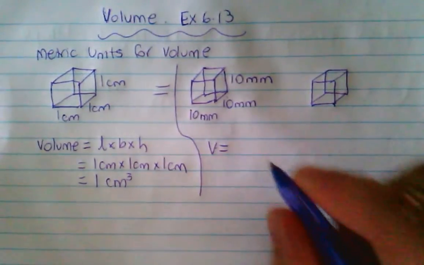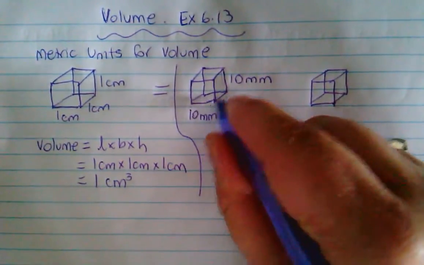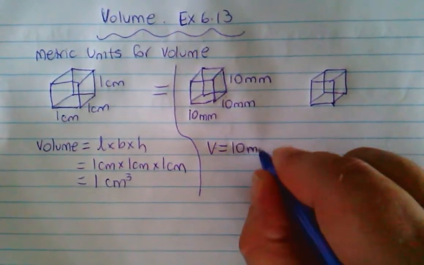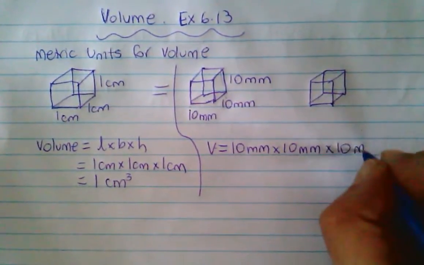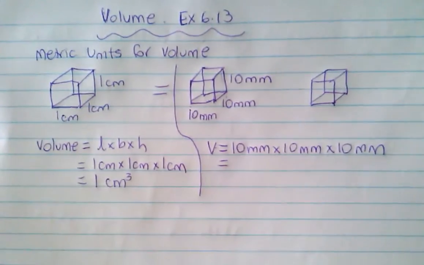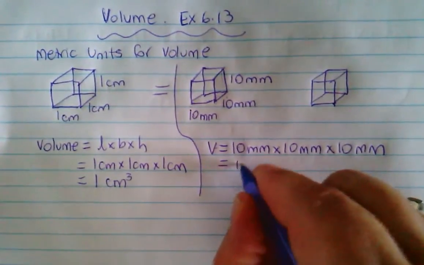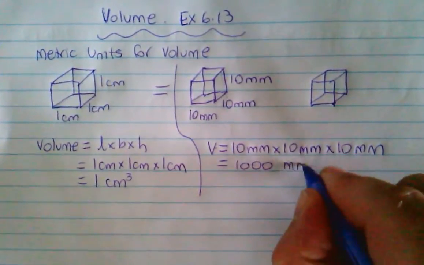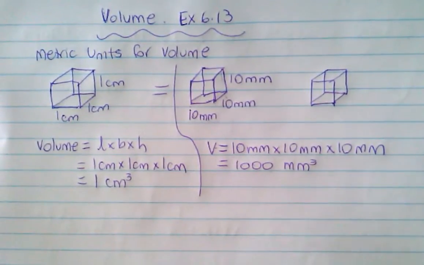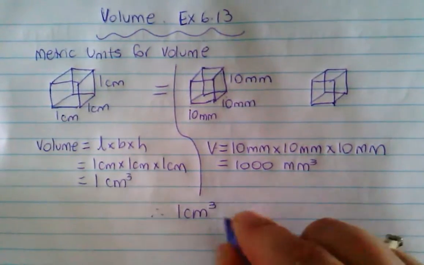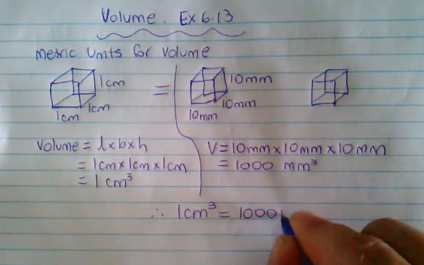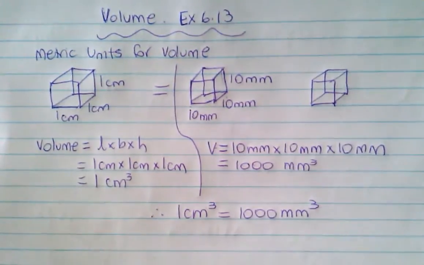The volume of this cube will be length times breadth times height, which is 10 millimetres times 10 millimetres times 10 millimetres. What's 10 times 10 times 10? 1,000. And the units are millimetres cubed. So what we've got is that 1 centimetre cubed is 1,000 millimetres cubed.